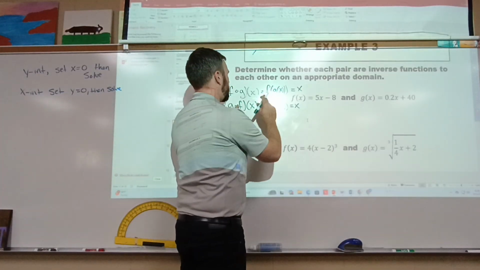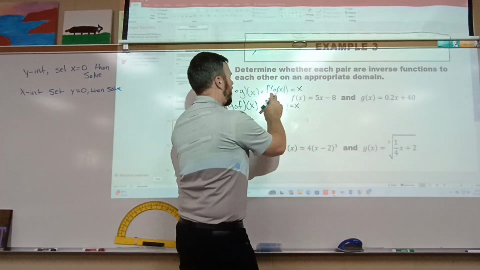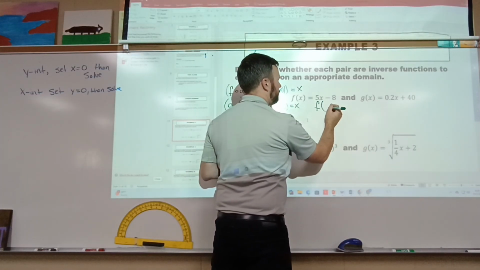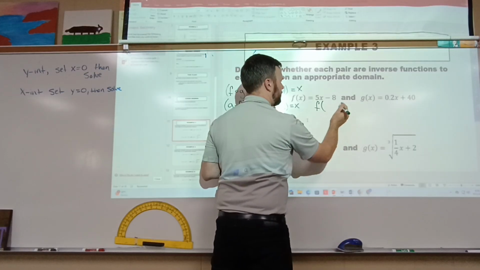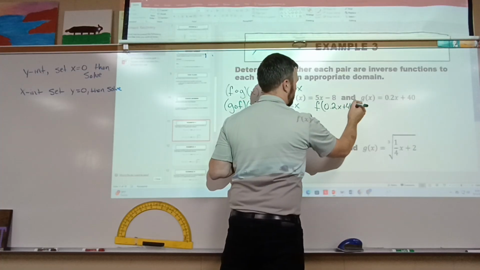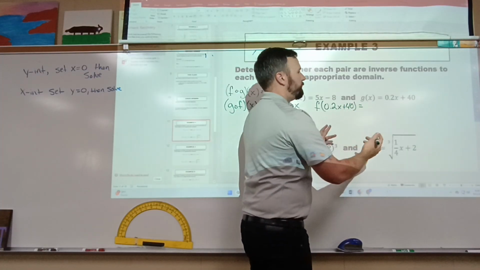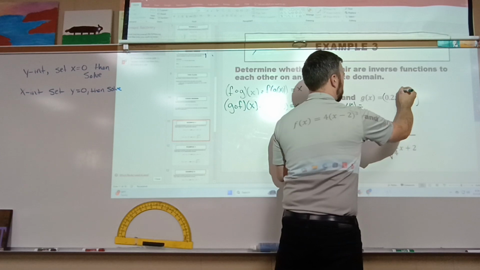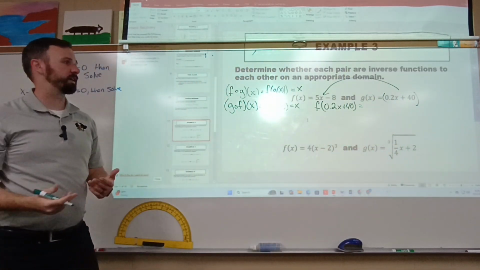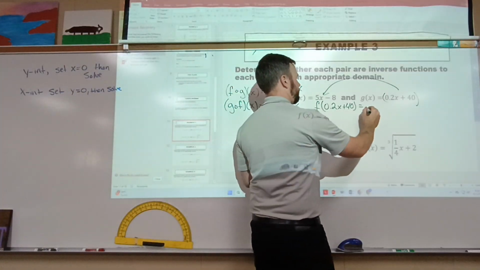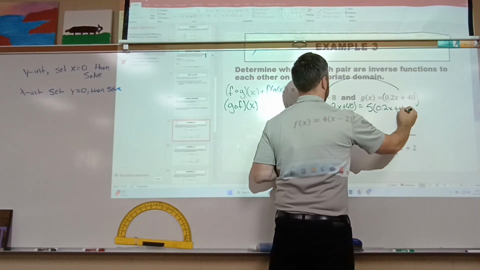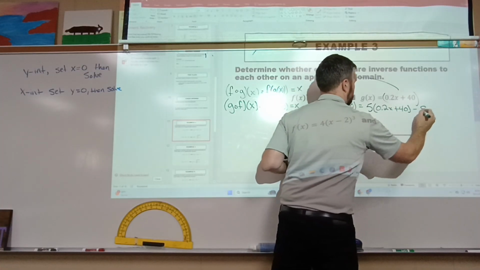So let's try it. I'll do the f of g of x first. So f of, I'm plugging g of x into here. You don't have to write out every step like I'm going to do. You could kind of think about it right away. I'm just going to take this and put it in for x. Wherever I see an x, plug in that. Okay?